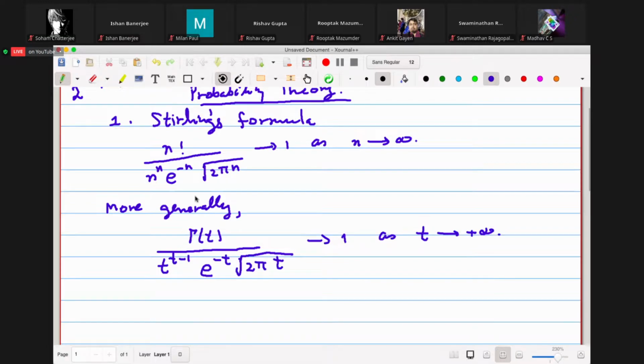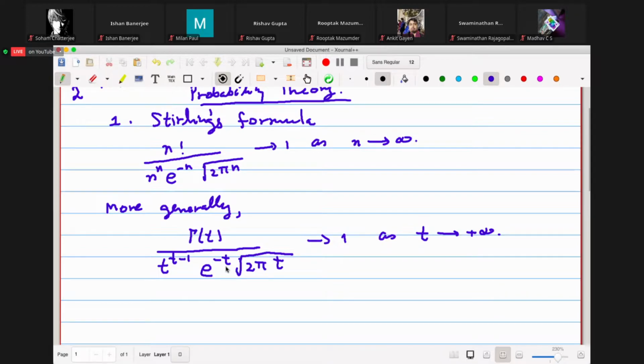When you put t equals n, you get n minus 1 factorial. Gamma n is n minus 1 factorial. But the discrepancy is compensated because here you have n power n minus 1, and there you have n power n. So essentially it's the same.